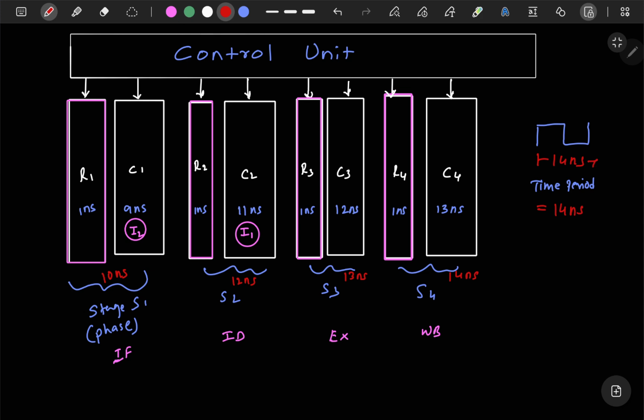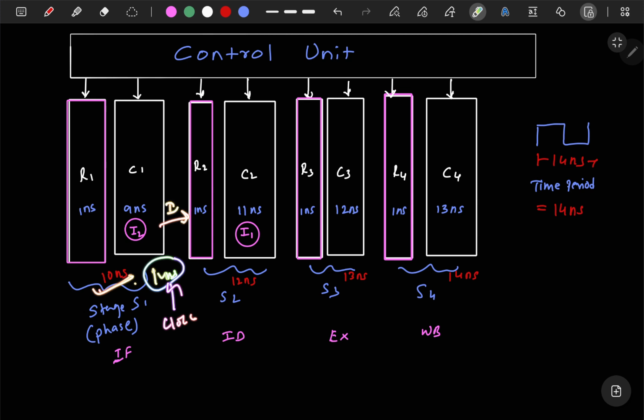Again, I2 is at phase 1. It will complete its process at phase 1 in 10 nanoseconds. Then it will wait until 40 nanoseconds, because at 40 nanoseconds the clock will be enabled, and only then will the data be moved.